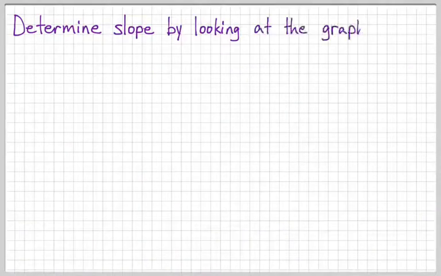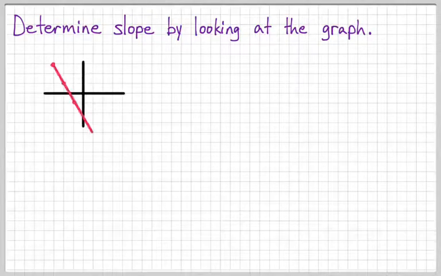So now we're going to determine slope by looking at a graph. Here's a line, and you can see these 2 points that I have marked in purple, and you can count the rise from one point to the other and then the run.